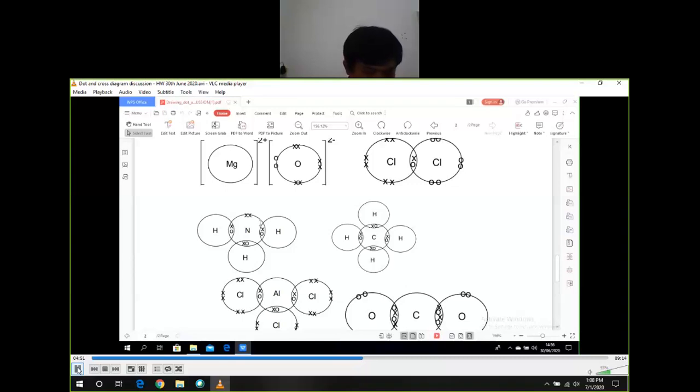Teacher, for question number five, the covalent bond, there are two Cl's, right? To represent the electrons, if both Cl's electron symbols are the same, is it fine, or does it have to be different? The Cl has to be bonded with the other Cl: one dot, one cross.